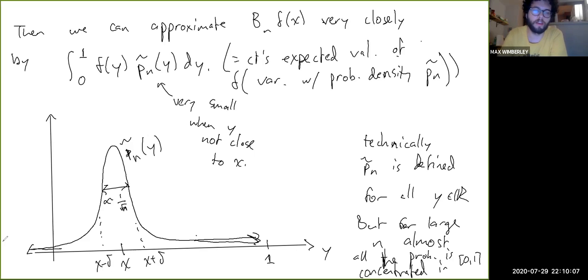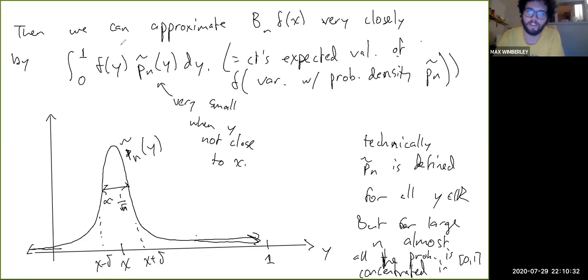So basically, in the background, part of our approximation is picking n to be large enough such that the amount of Pn tilde that we're leaving outside of the interval 0, 1 is extremely small. That's part of it in the background, but let's just ignore that.